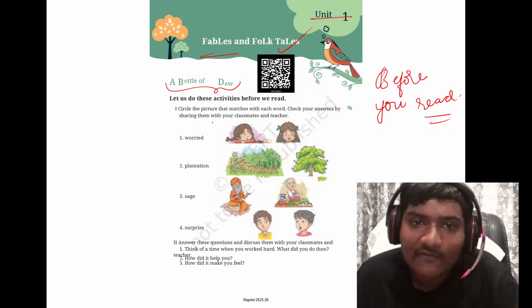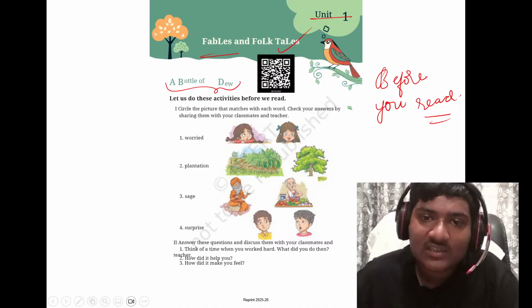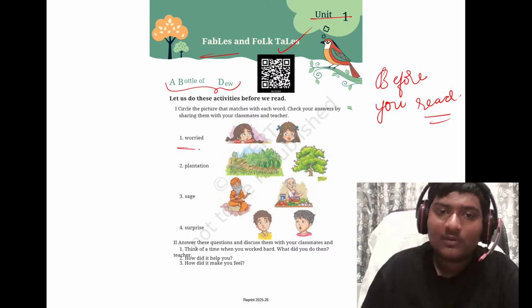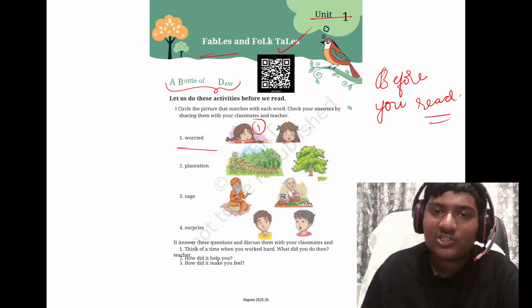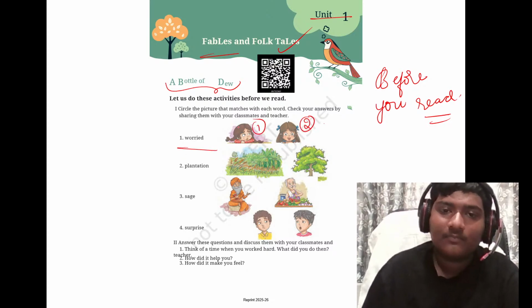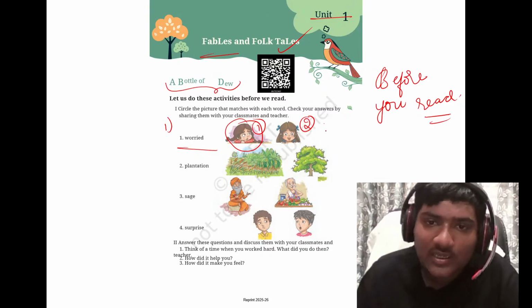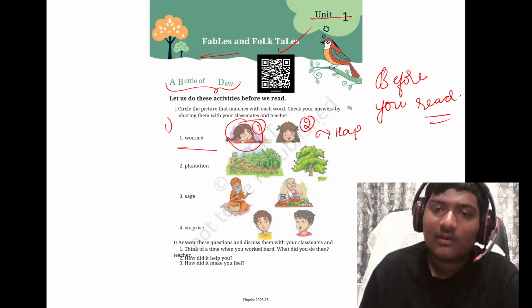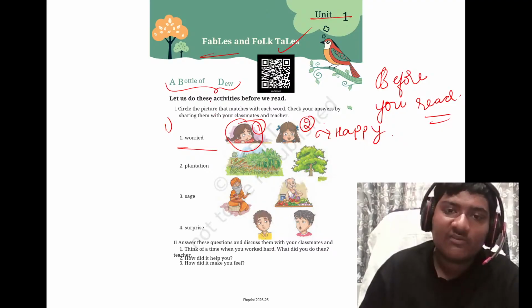We have to observe them carefully and match the suitable one. For worried, who was worried, picture one or picture two? Obviously, picture one was worried. The second picture shows she was happy.